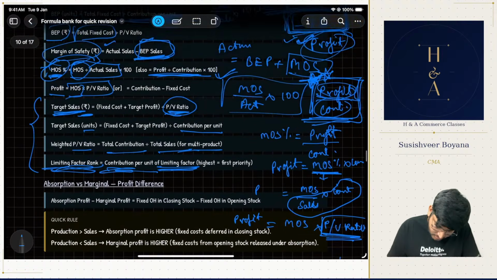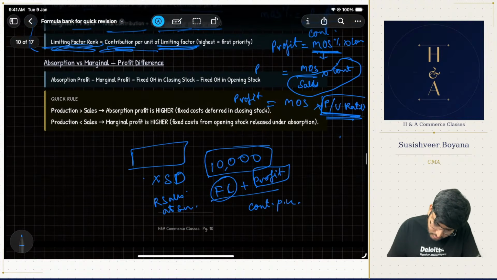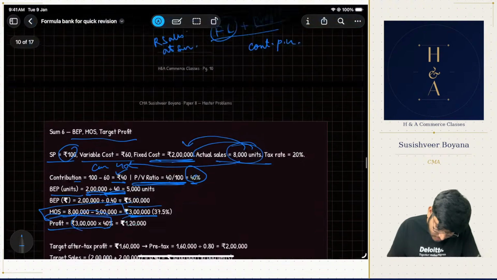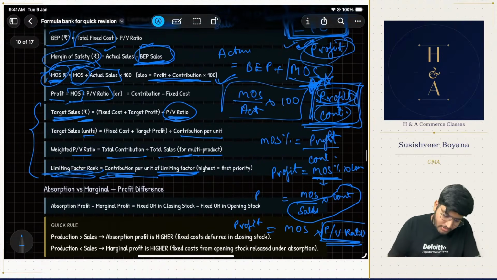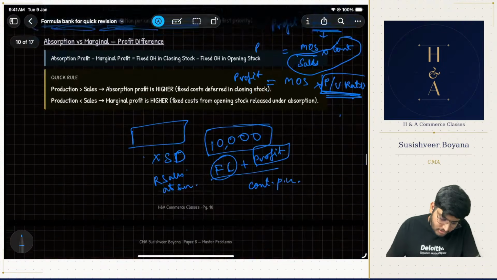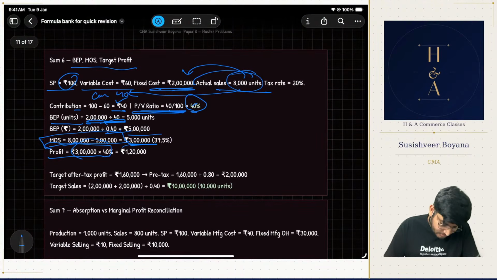Where is this? Okay, I think I've erased it. Above BEP, any sale is always going to be profit; profit is always derived only from MOS, not from BEP. So that's why profit, on 3 lakhs, you can just apply 40%. You get 1 lakh 20.